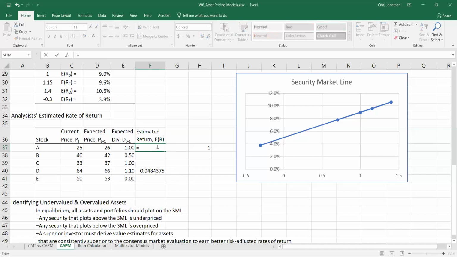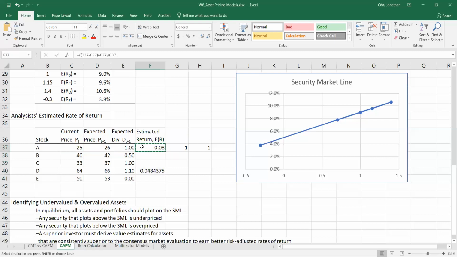What you do is 26 minus 25 plus dividend, and then you have to divide that by initial price. That's your expected return. So copy and paste.